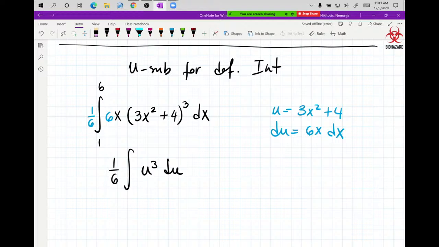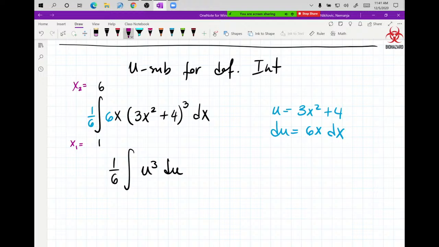Well, the only issue now is that you have these limits, and those limits need to be addressed. It's very easy to address those limits if you realize that this limit is x1 and this limit is x2. You would say maybe, well, why?